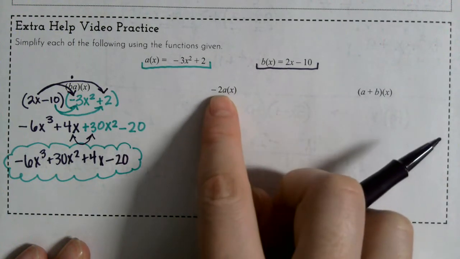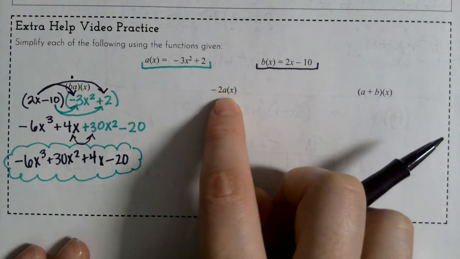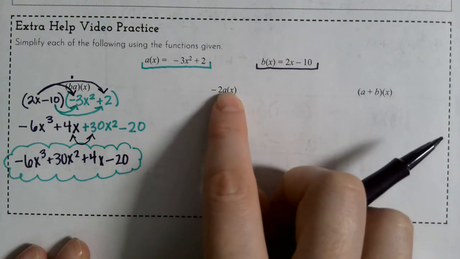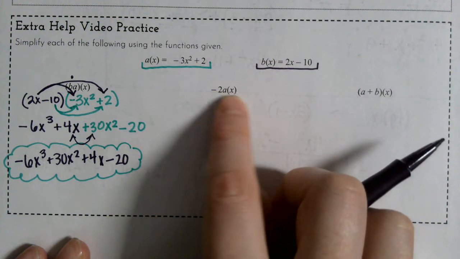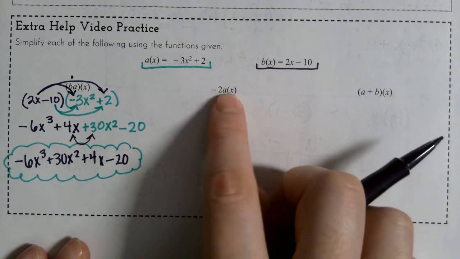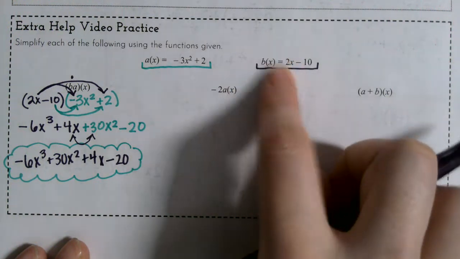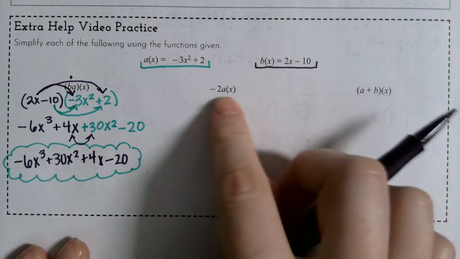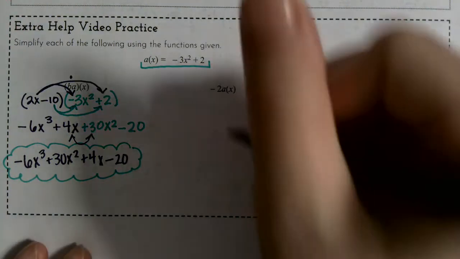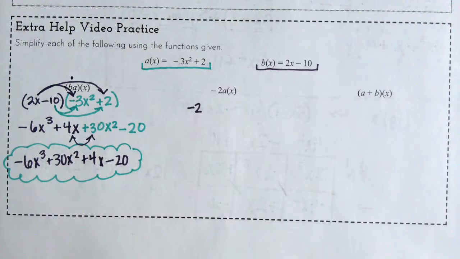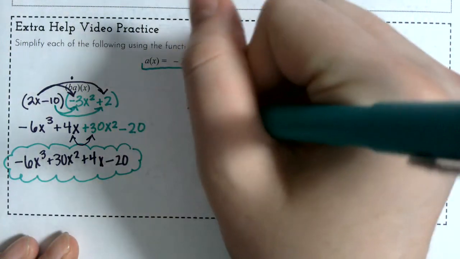Now for the second one, we have negative 2a of x. So I just have a constant out in front of a, and you'll see that there's not even a b in this representation. So I'm not even going to use the purple one for this one. I'm just going to have a negative 2 out front, and then in parentheses, my a function.